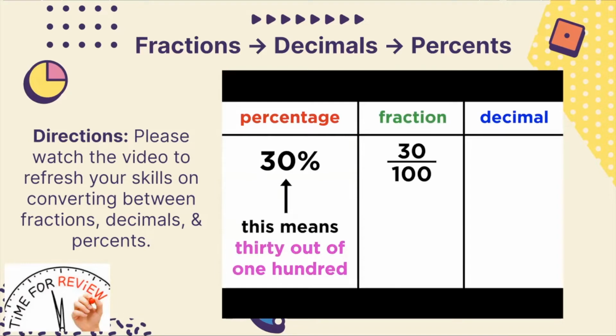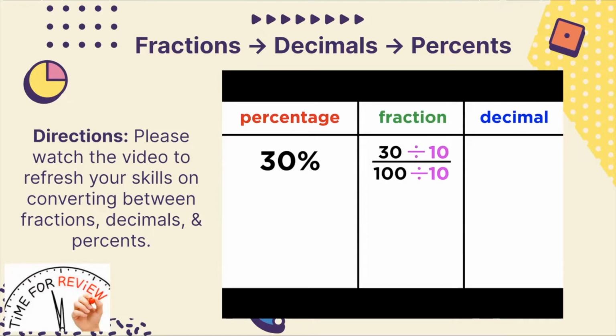So 30% becomes 30 100ths, or 30 out of 100. Then to reduce the fraction, we can divide both numbers by 10. And here's a hot tip. When we do this, we can just cross out the 0 in each number, as that will do the same thing as dividing by 10. That leaves us with 3/10. So 30% is equivalent to 3/10.